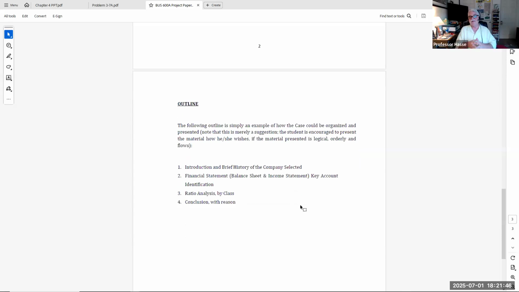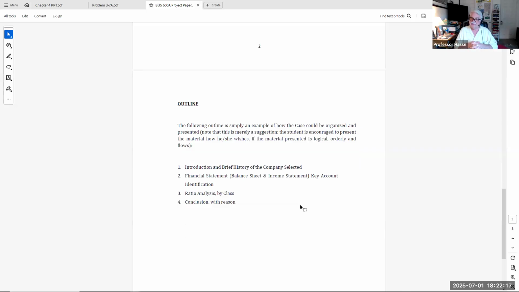The following outline is a simple example of how the case could be organized and presented. Note this is merely a suggestion. The student is encouraged to present the material how he or she wishes if the material presented is logical, orderly, and flows easy to read. Think about you're doing a financial presentation to the management of the company and to potential investors.